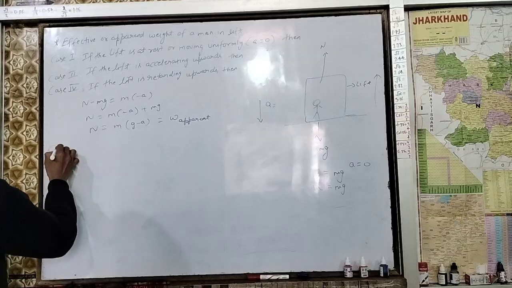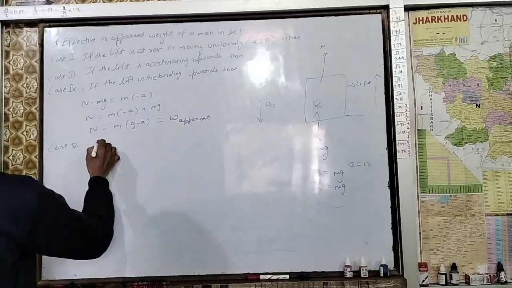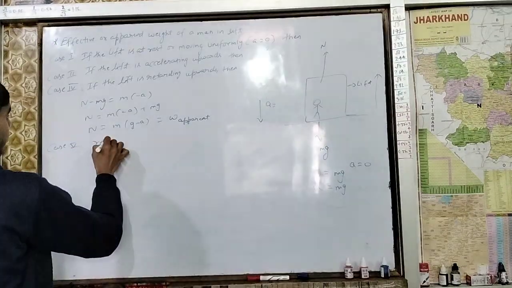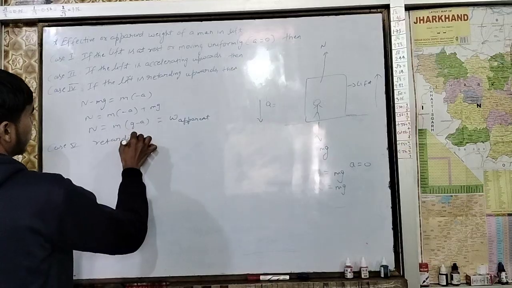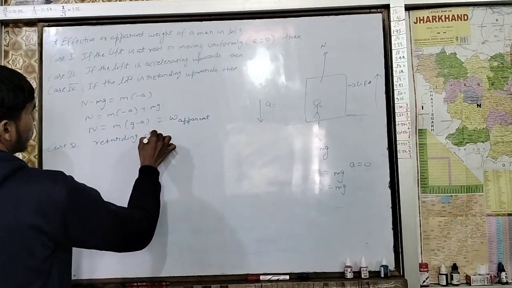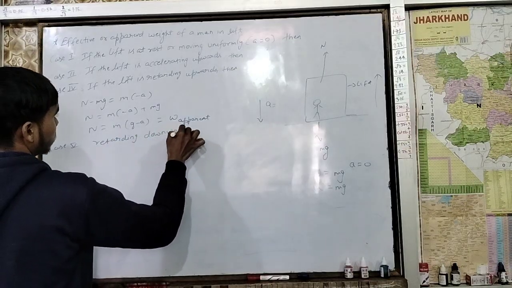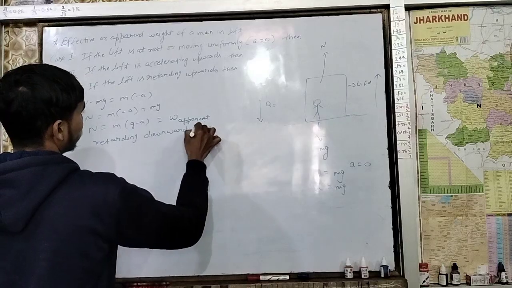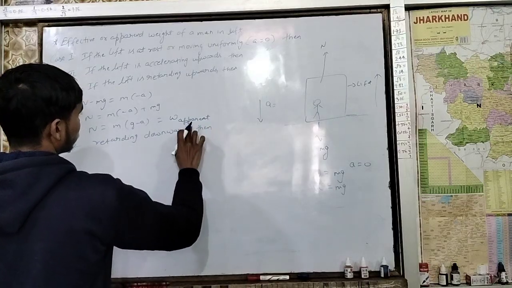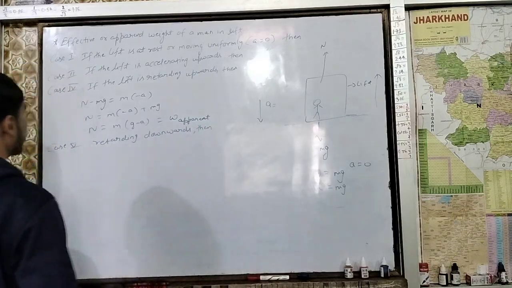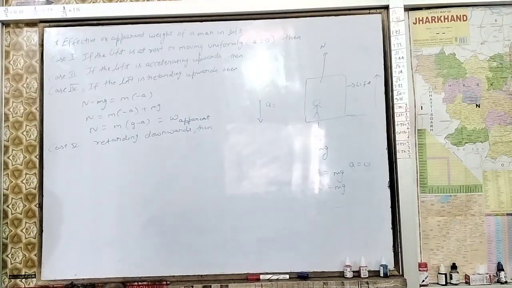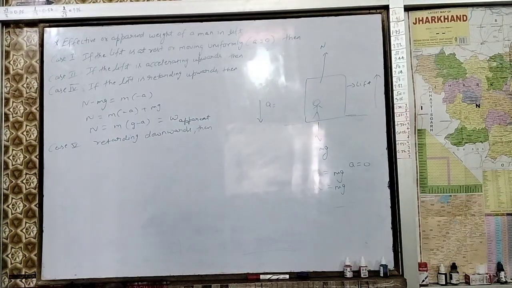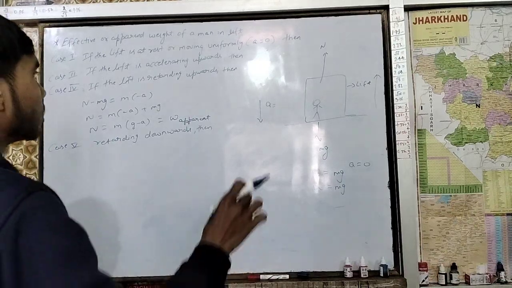Now the next case, number five, is retarding downward. Then what will happen? Everything will be the same except one thing: the direction of the moving lift.